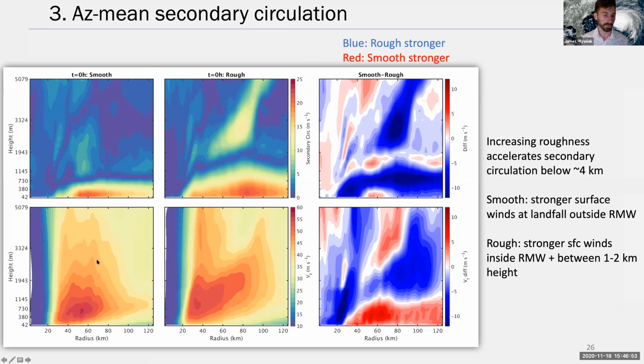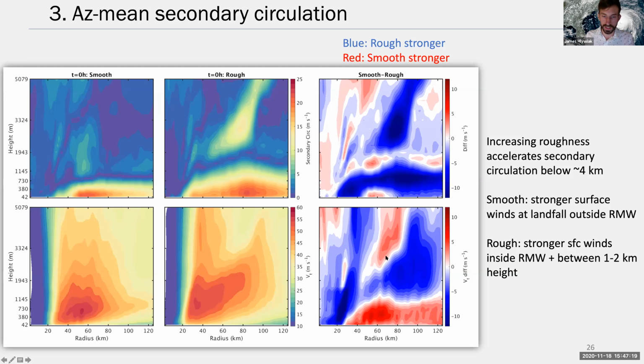And on the bottom, I've plotted the same thing, but for the tangential winds. And here's the difference in tangential winds. So clearly increasing the roughness, going from the smooth to the rough case, accelerates the secondary circulation, or the flow that goes in, up, and out, below about 4 kilometers by a pretty substantial amount.